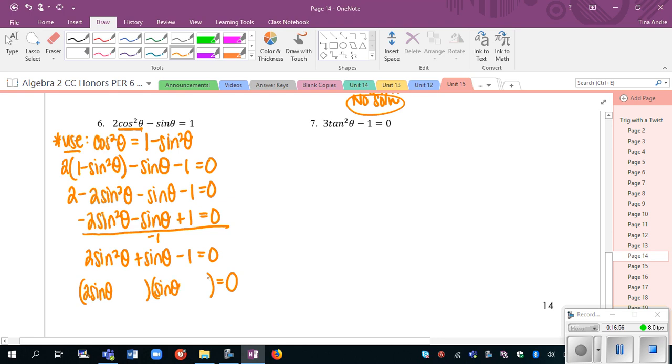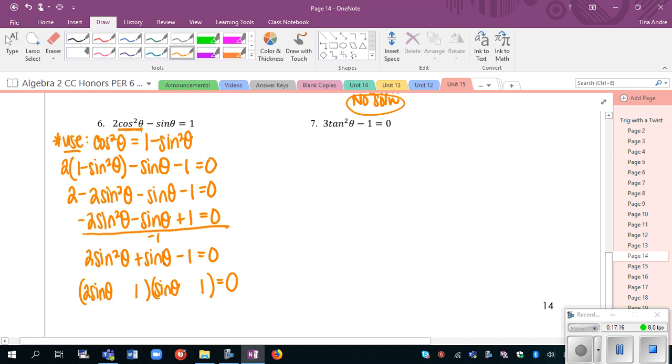And now we need to have a combination so that we end up adding to sine of theta, but then multiplying to a -1. So if we're multiplying to a -1 here, so I'm just kind of using guess and check, that tells me that I'm going to have a +1 and a -1 to be able to multiply to a -1.